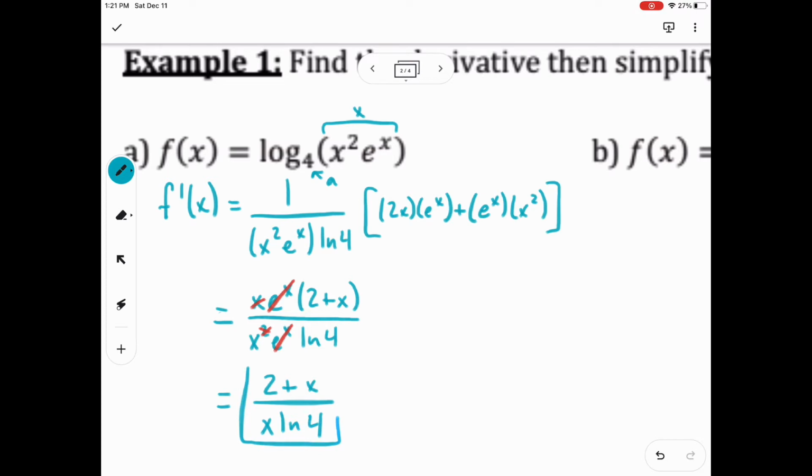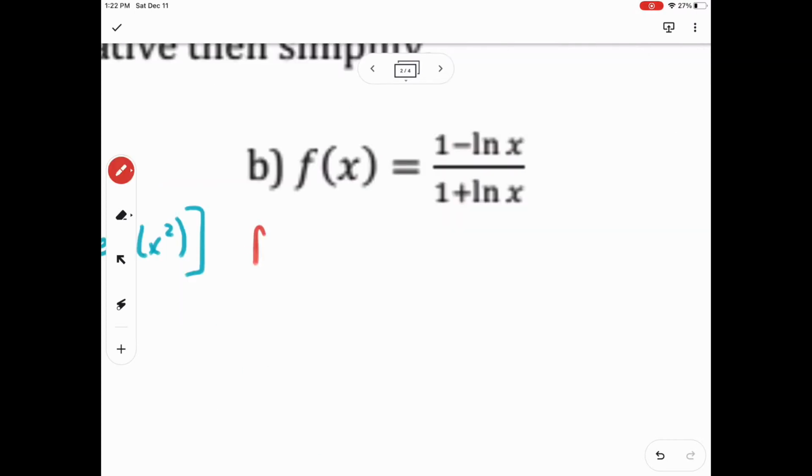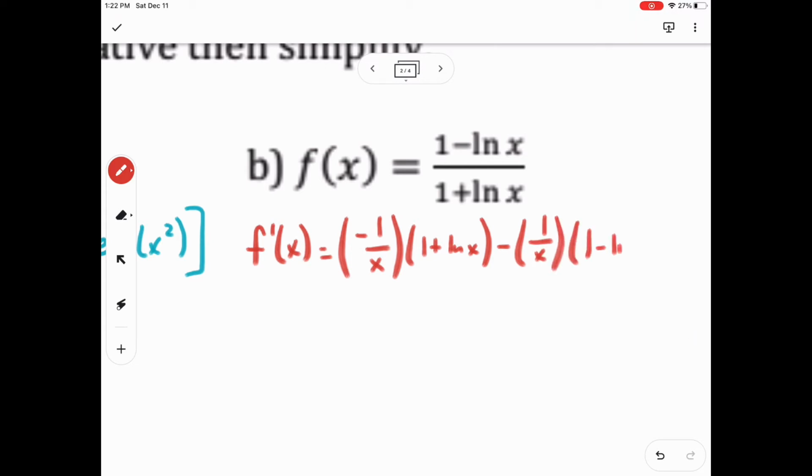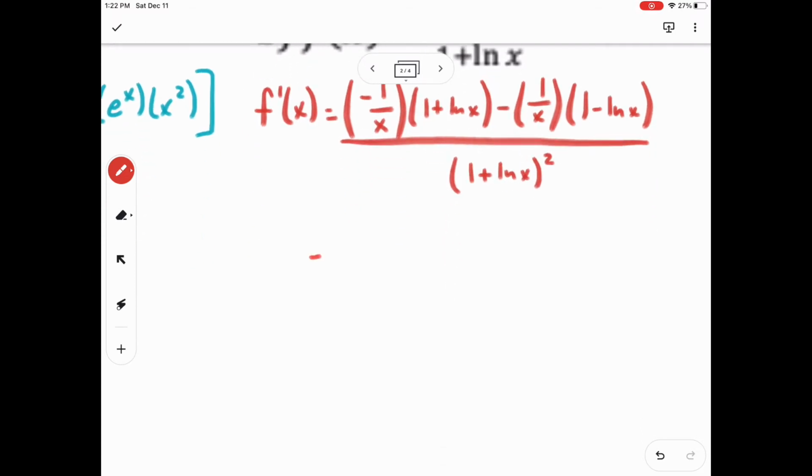Now here, there will be some times when you can simplify and things get canceled out. Like there, I was able to cancel out an x and e to the x, and gives me a simpler notation. Here, I have quotient rule for letter b, and so I got to take the derivative of the first, or the top, times the bottom, and then subtract derivative of the bottom times the top.